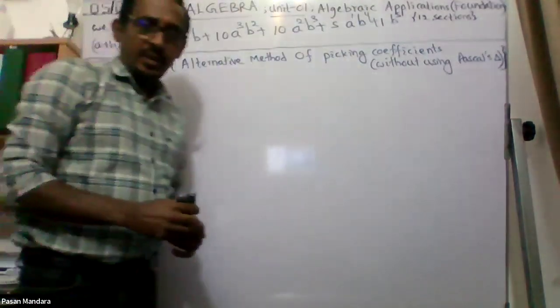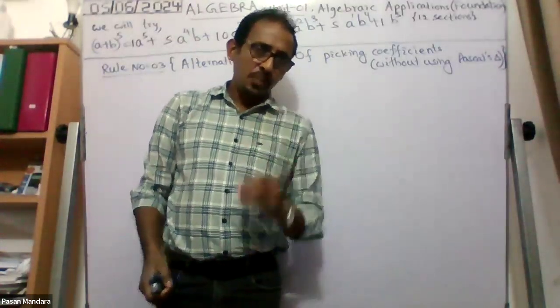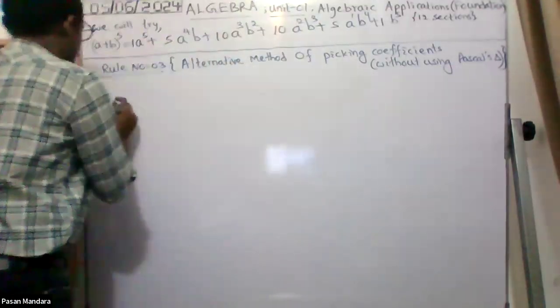Rule number 3. The first few rules are all the same, just to pick the coefficients. So I'm writing again a plus b to the power 4.